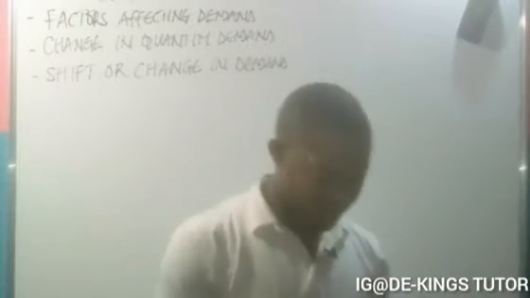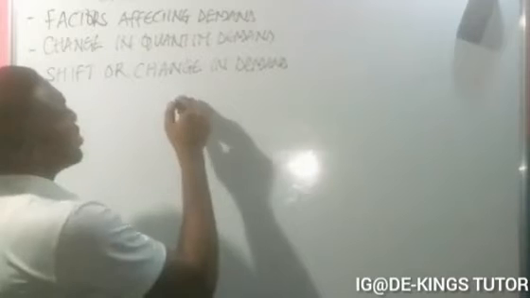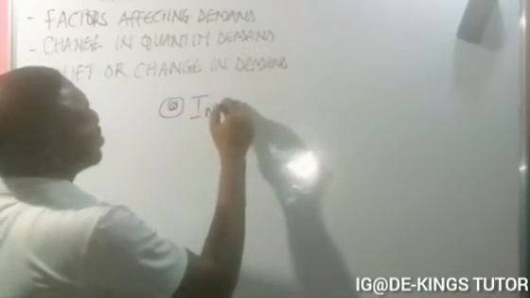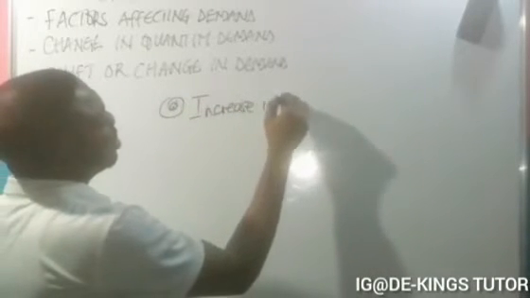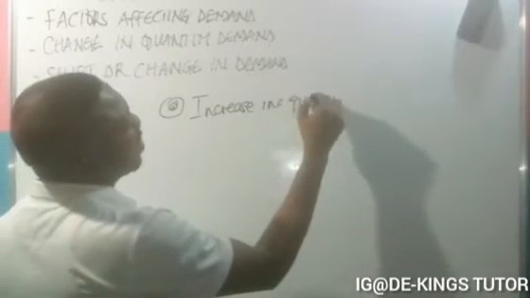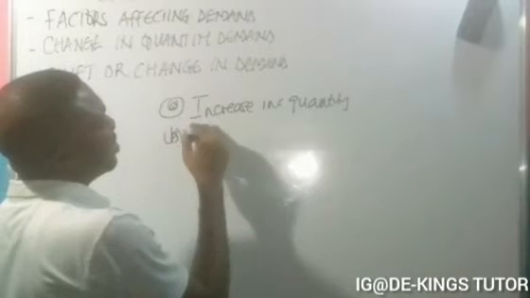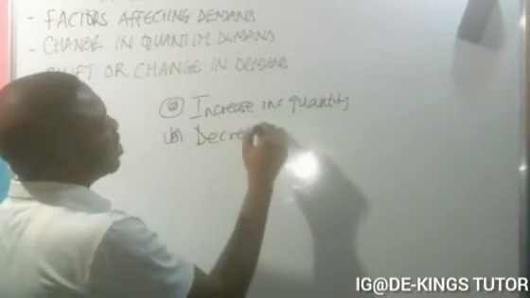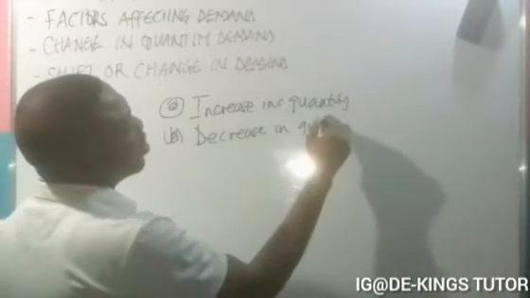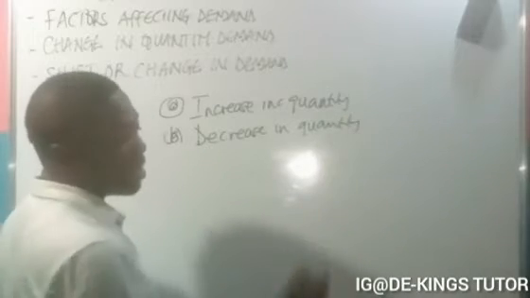Okay, now it can be an increase in the quantity demanded, and it can be a decrease in the quantity demanded.